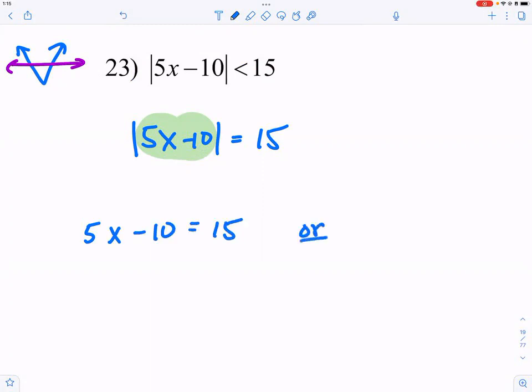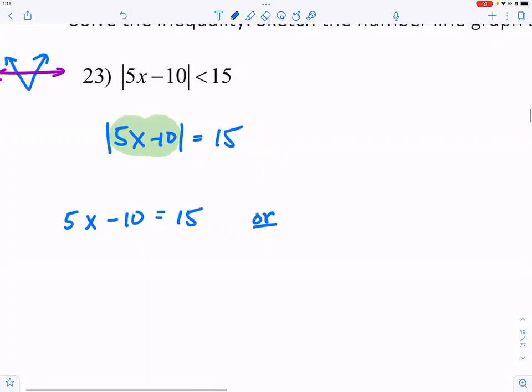Therefore, let's consider both scenarios: 5x minus 10 is equal to 15, and 5x minus 10 equals negative 15.